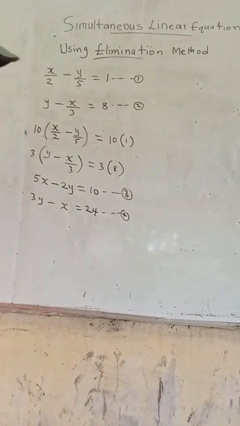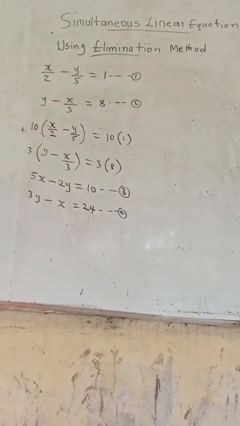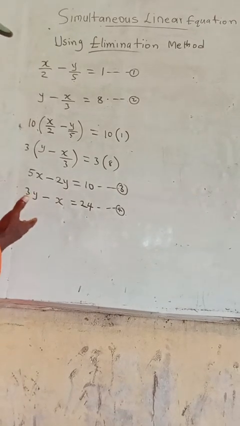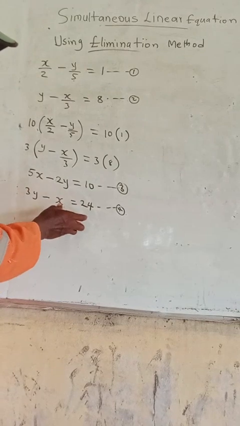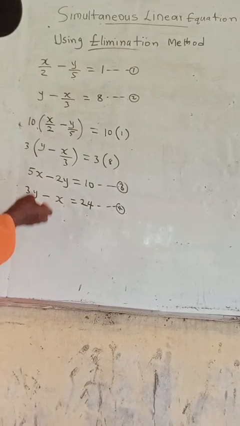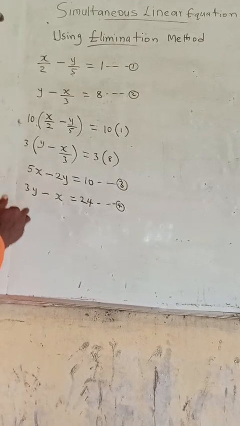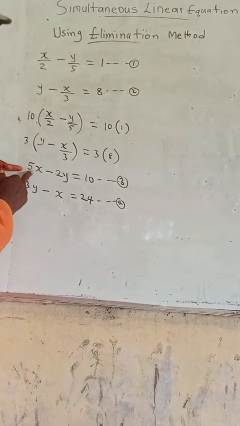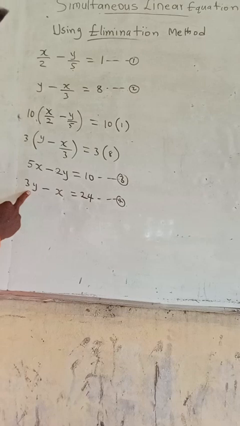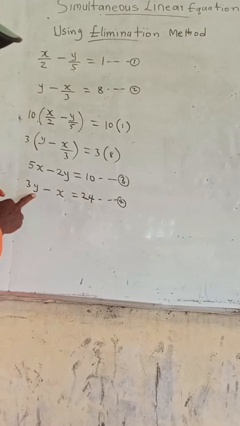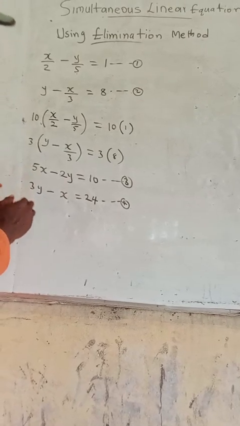Now, at this point, it is not looking like a normal simultaneous equation to use the elimination method, because we have 5x in the first equation, but the corresponding term in the second equation is 3y. So it's not corresponding.